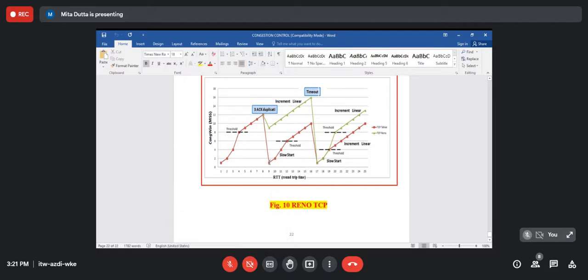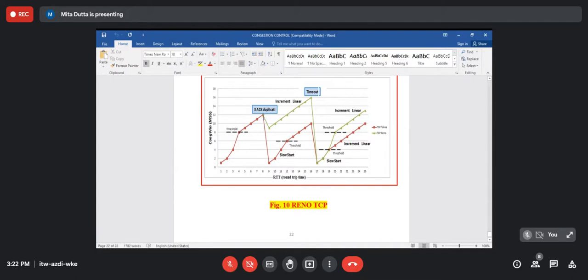The situation will be different for TCP Tahoe and Reno for 3 duplicate ACKs, and that is why we have 2 variants, Tahoe and Reno. So CWND is 1, and it will be in the slow start phase up to congestion window 6, because when 3 duplicate ACKs occur in TCP Tahoe, the threshold will be half, since for the red one, which is Tahoe, it is 12.